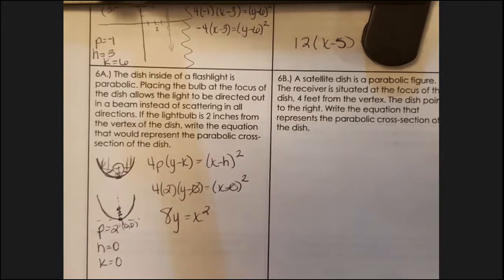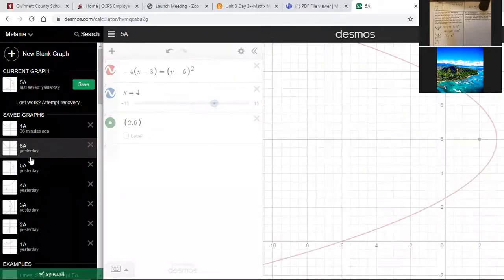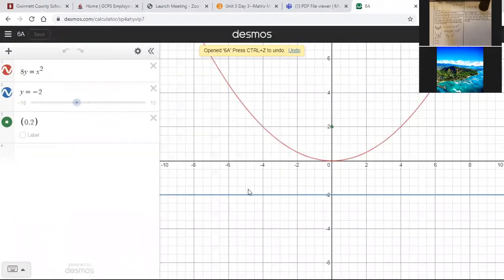And if we take a look real quick at the graph of that particular equation, that looks just like my drawing. Here is our parabola that represents the dish of the flashlight.